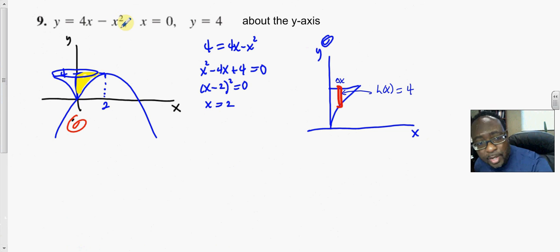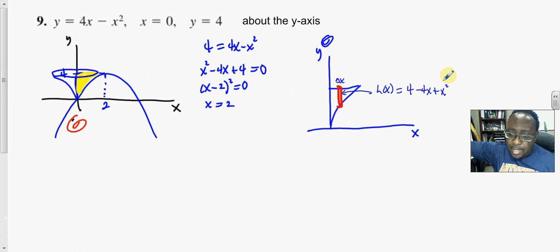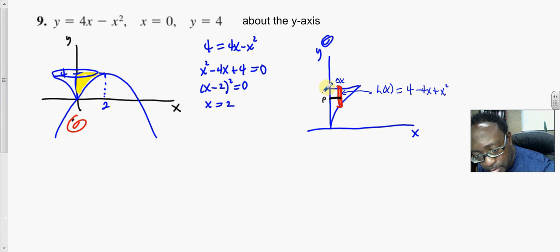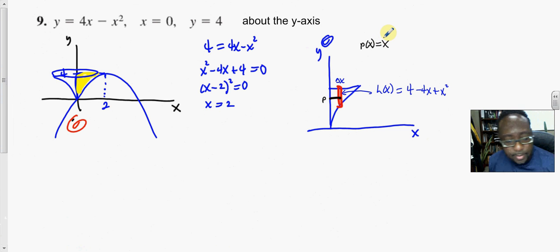The curve is 4x minus x squared, so it says minus 4x plus x squared, because we're subtracting that. And the distance from the center of the rectangle to the axis of revolution is p. P of x is equal to x.